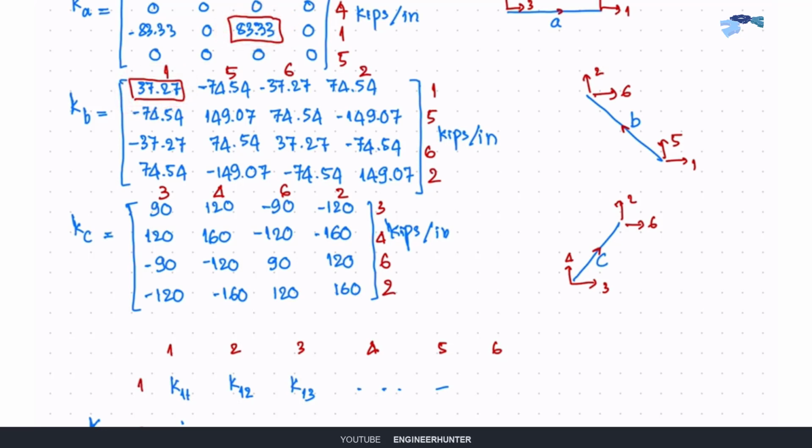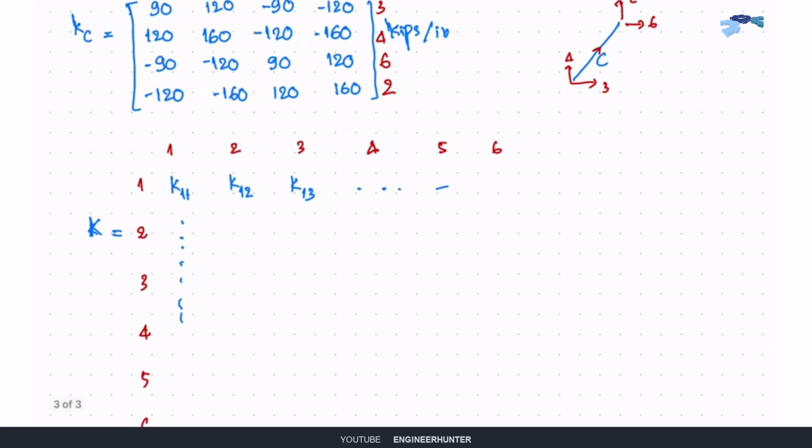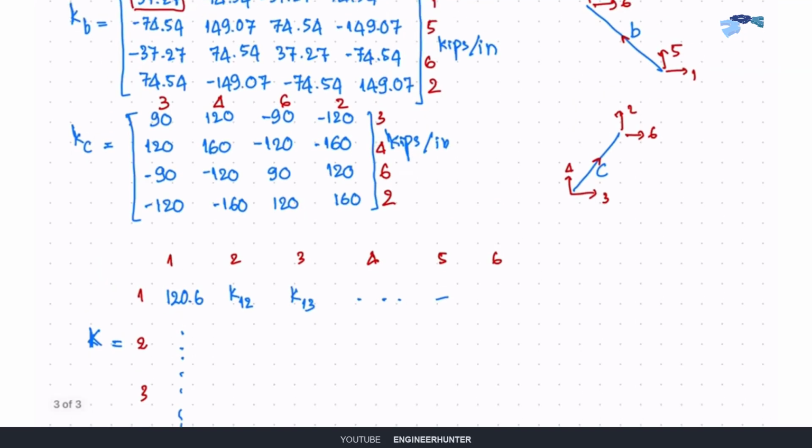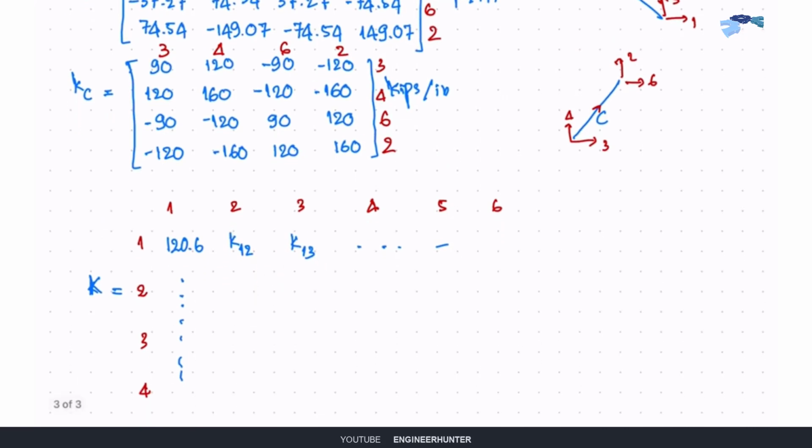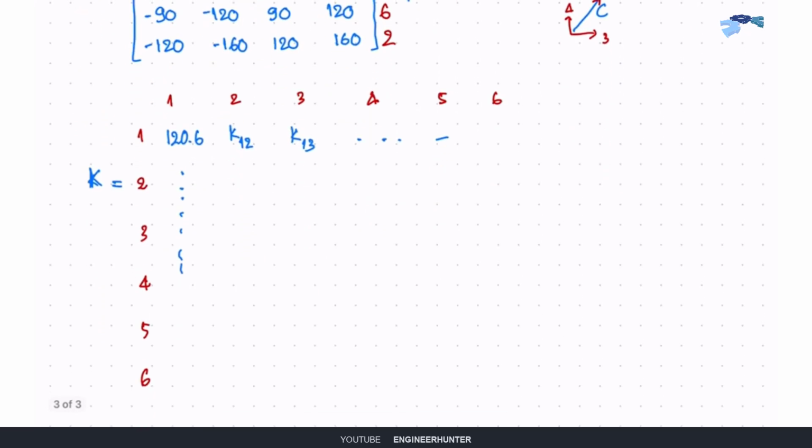So you can find the value K11. So at this case, it will be equal to 120.6, and you can do the same for K12, K13, and for the other value as well. So this is how you form the global stiffness.